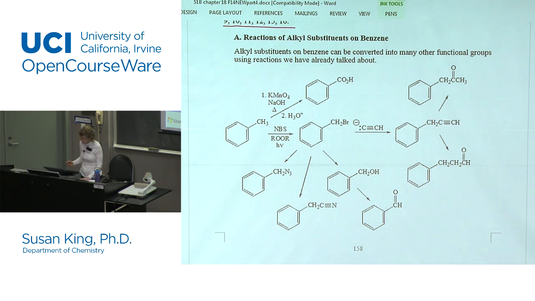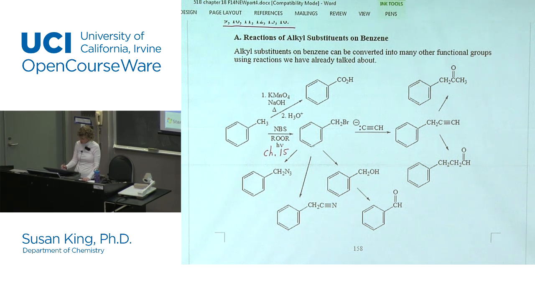For example, we can put a methyl on a benzene ring and then use chapter 15 material to turn that into a bromide, put a functional group on, then treat that with an alkyne, and then we can convert alkynes into ketones and aldehydes. You know how to do that.